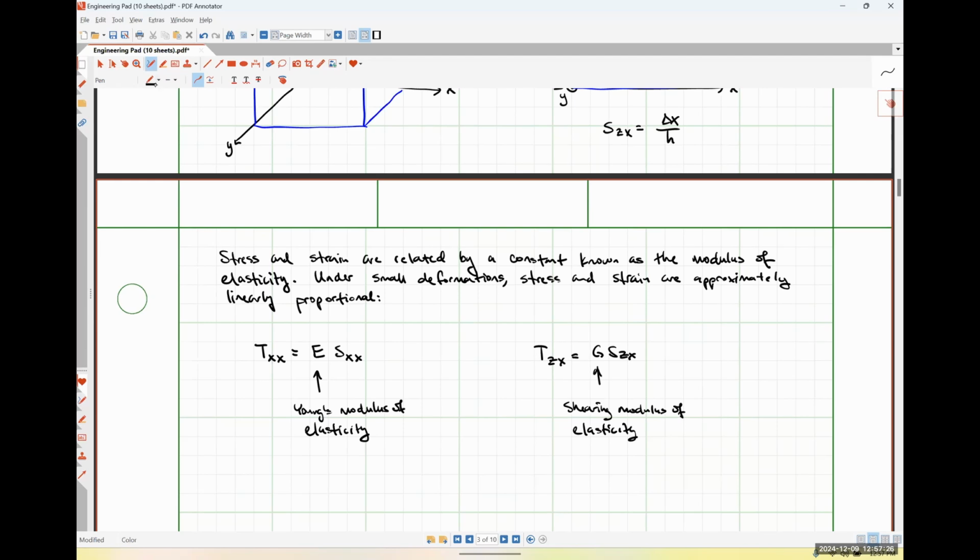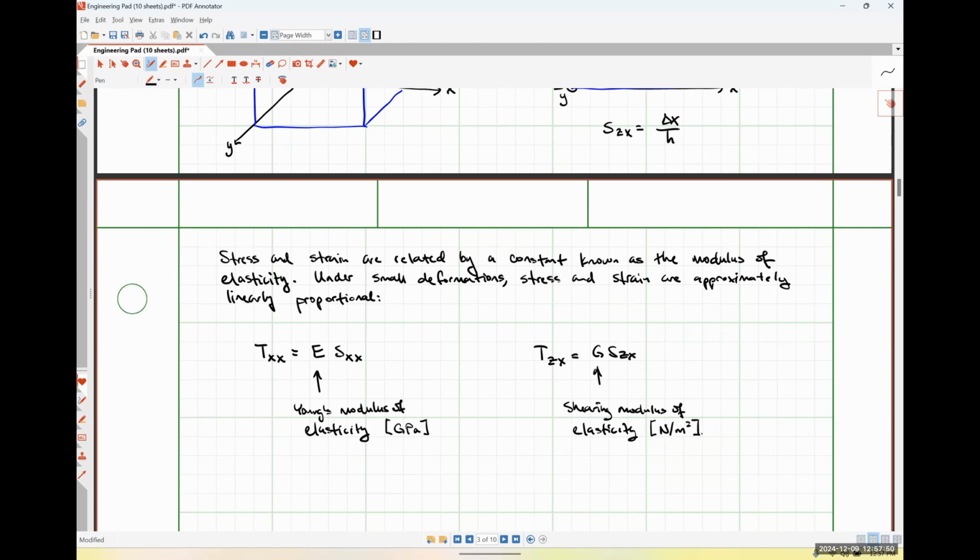So Young's modulus of elasticity has units typically of gigapascals, okay? And our shearing modulus of elasticity's units are typically expressed as newtons per meter squared, okay?